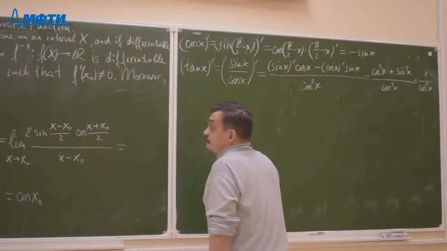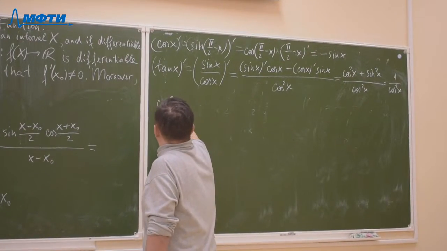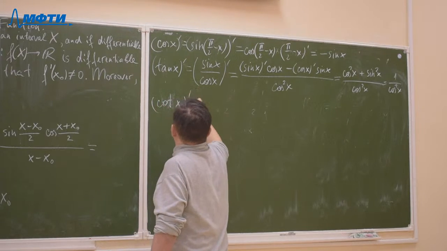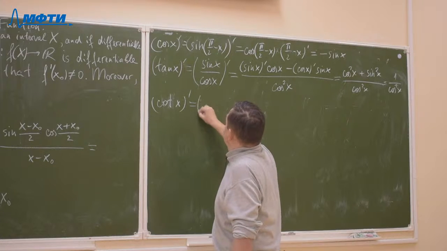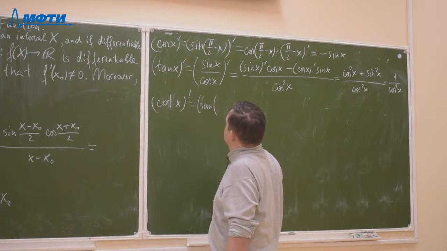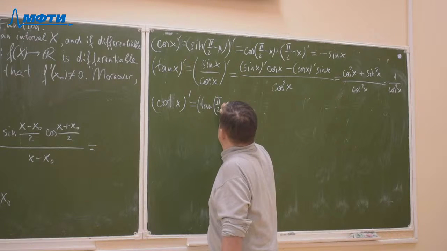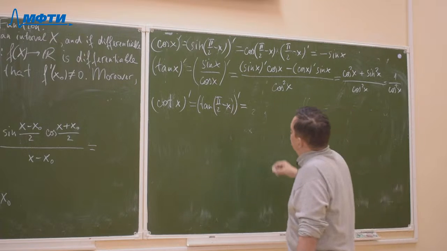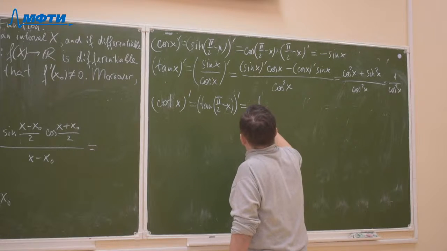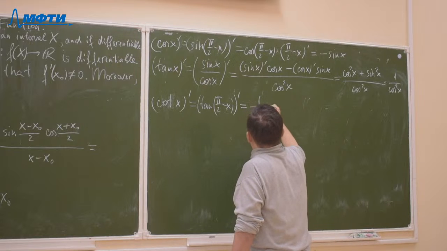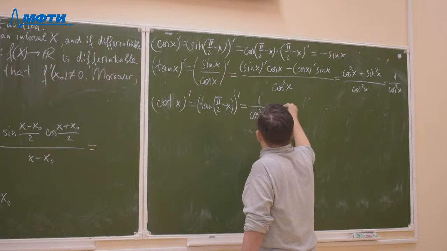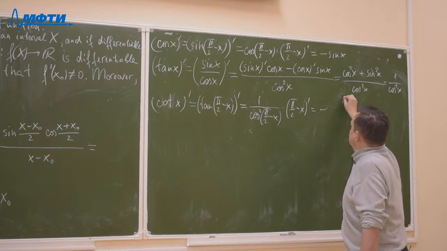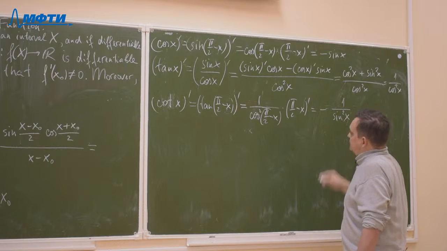So, for cotan, again, we may proceed using a similar representation, that is tan of (pi over 2 minus x), and that is 1 over cosine squared of (pi over 2 minus x), times (pi over 2 minus x) prime, and that is minus 1 over sine squared x.